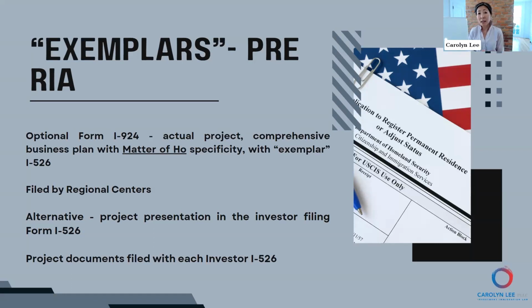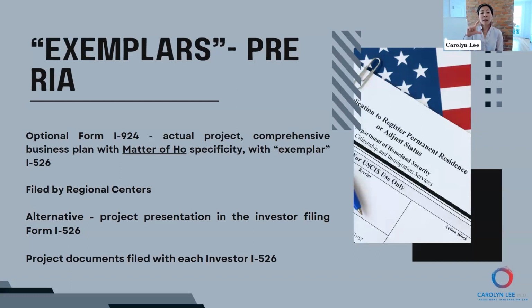The I-526 form is the form that is filed by investors, or was filed by investors pre-RIA. And so the form would be completed with the project information pre-filled. So this was a regional center filing. And in the alternative, because this was not mandatory, the project documents would be presented with EB-5 investor filings.